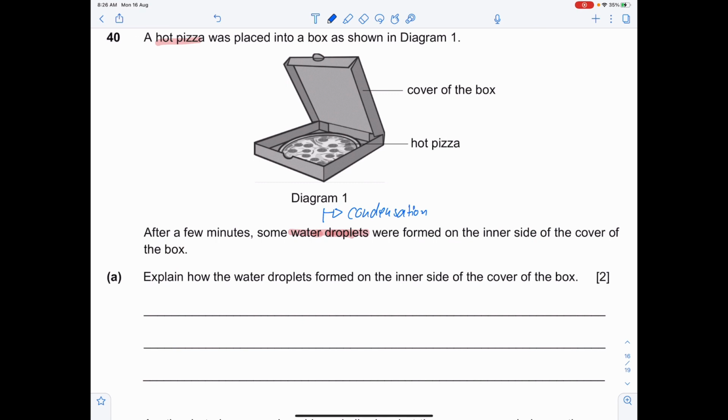The next question shows another pizza placed in a similar box. What is the difference between the two scenarios? I always say when there are two scenarios, especially when diagrams are drawn, there is a reason and you should always compare. The main difference is that there are some holes, and this is the so-called change variable.